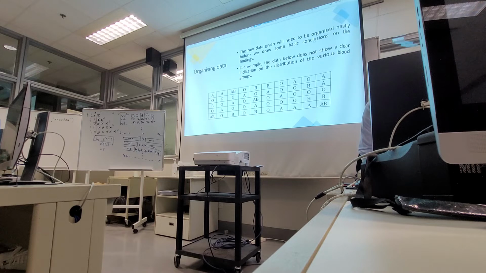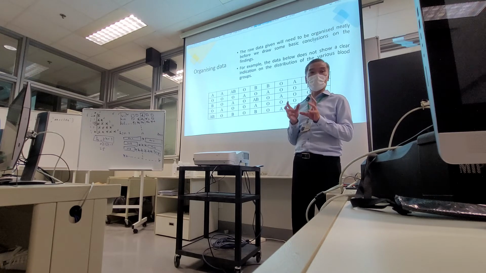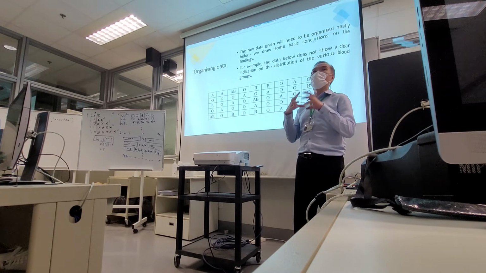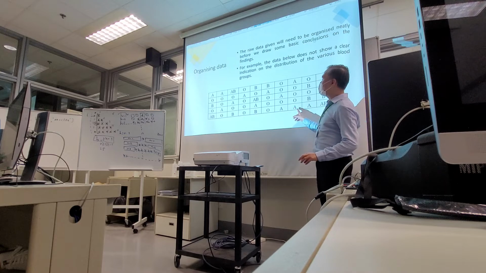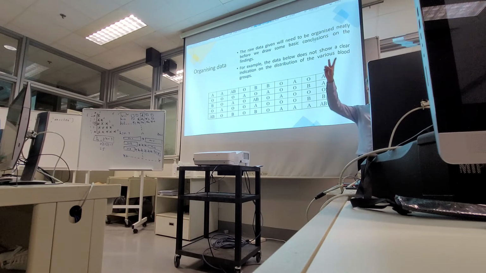Okay, good. Now, very important. Why am I stressing so much about type of data? It's because I need to know how to manipulate it. Can anyone tell me what type of data this is? Remember there are 2 types: categorical and quantitative.